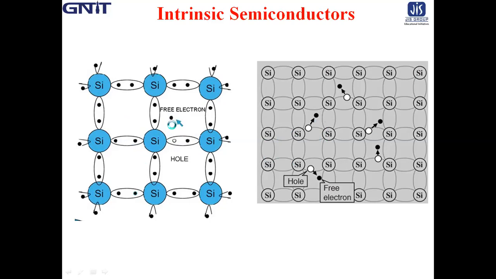See, this is the free electron. Now, this free electron gets sufficient energy to be excited from the valence band to the conduction band, which means removal of an electron from a covalent pair bond. Now, this electron is released to be free in the conduction band to behave like a charge carrier to conduct current through the silicon crystal.